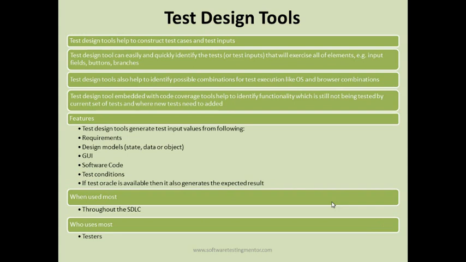Then you have a test tool from Microsoft which is known as PICT, or there is another company, Hexawise, which has test design tools. So based on the input that you provide in the test design tools, be it the graphical user interface input like fields, buttons, branches, it will generate the test cases or test outcome that you need to add into your test cases.